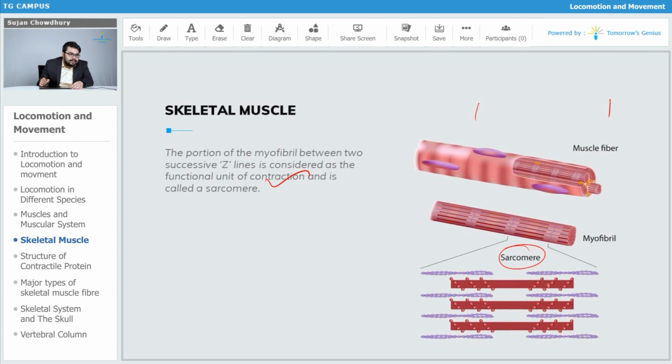These are the thin filaments, number 1 and number 2, and here we have a Z line and here another Z line. The region between two consecutive Z lines is called the sarcomere, and that is the functional unit of contraction of the skeletal muscles.